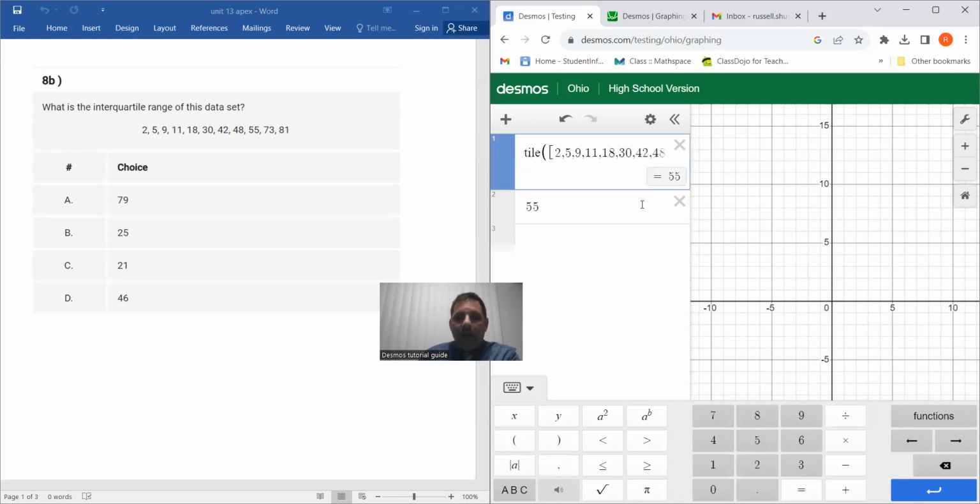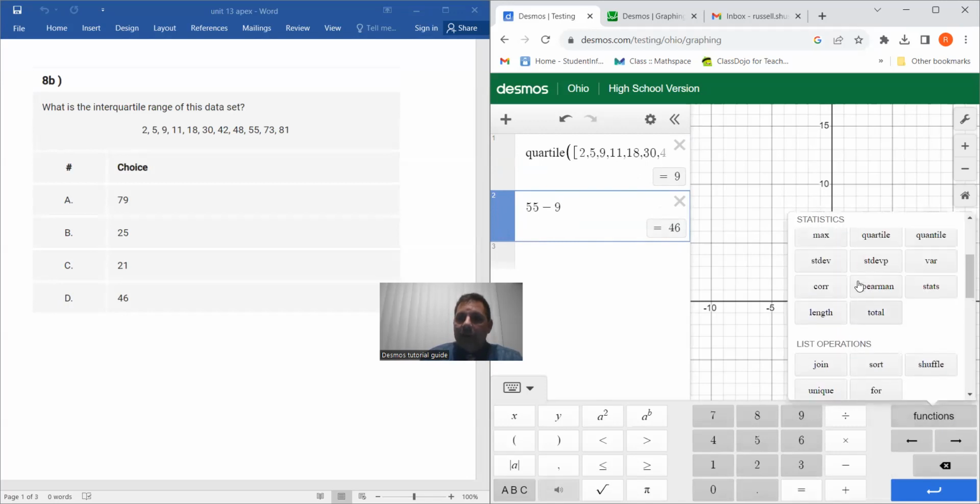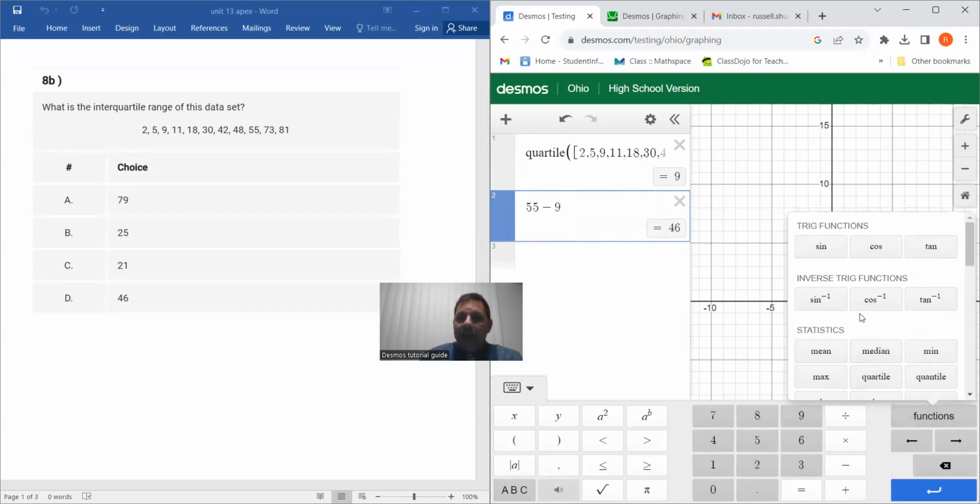Now, the interquartile range is the third minus the first. So I just leave the data in there and now change it to the first quartile. And now 55, quartile 3, minus 9, quartile 1, means the interquartile range is choice D, 46. So get familiar with the statistic functions in Desmos, and it'll help you through Unit 13.